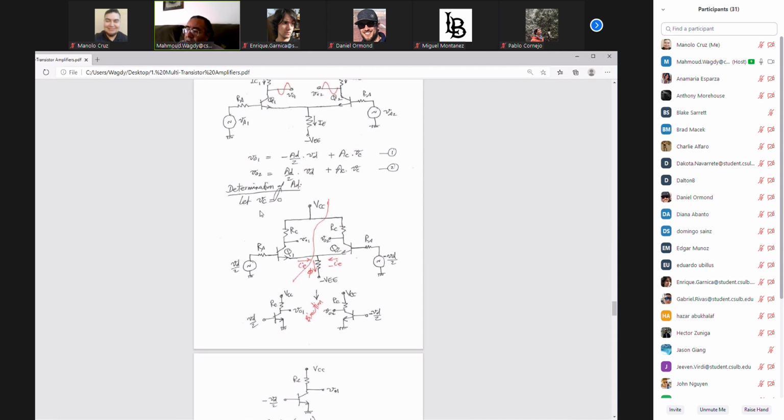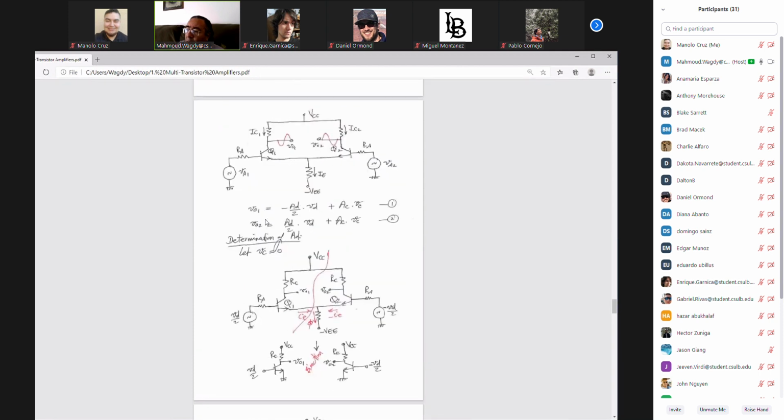In this case, we need to make the common mode component equal to 0. Look at this equation. Let's assume you are in the lab and you measured both outputs, output 1 and output 2. What's the best way to determine AD? Simply make VC equal to 0.